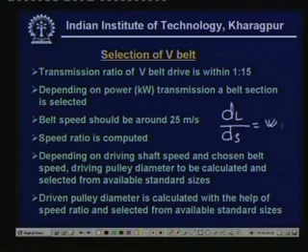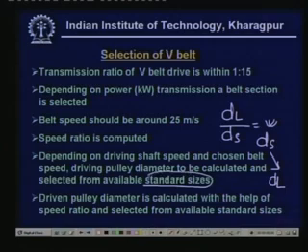Depending upon that, if you can find out DS, then you find out DL. So once you find out this DS and DL, you have to consult the design charts to find out the standard sizes for both situations.